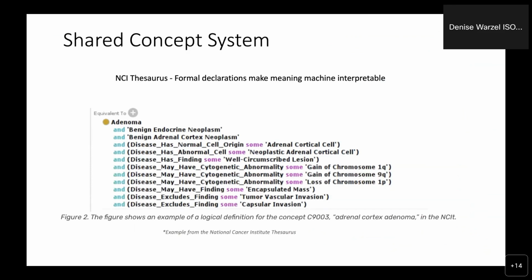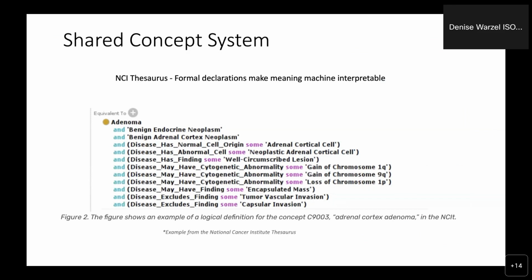I talked about the shared concept system being another key component, and that the NCI thesaurus is our chosen system for that. This is just to illustrate that it is much more than just a terminology or a thesaurus. It does provide the ability to discover that there is more about a particular concept than just the concept itself. Its relationships to other things.